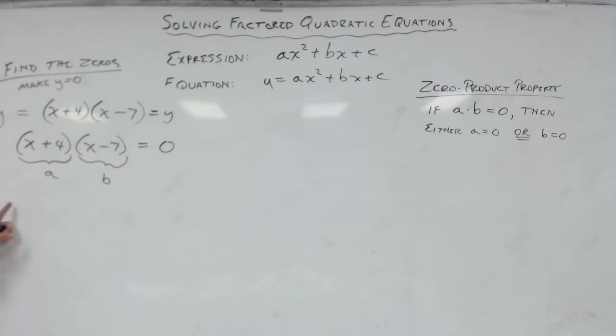You with me? If a times b equals 0, then I know that either a equals 0, meaning x plus 4 equals 0, or x minus 7 equals 0. Now it starts to get easy. Watch this.